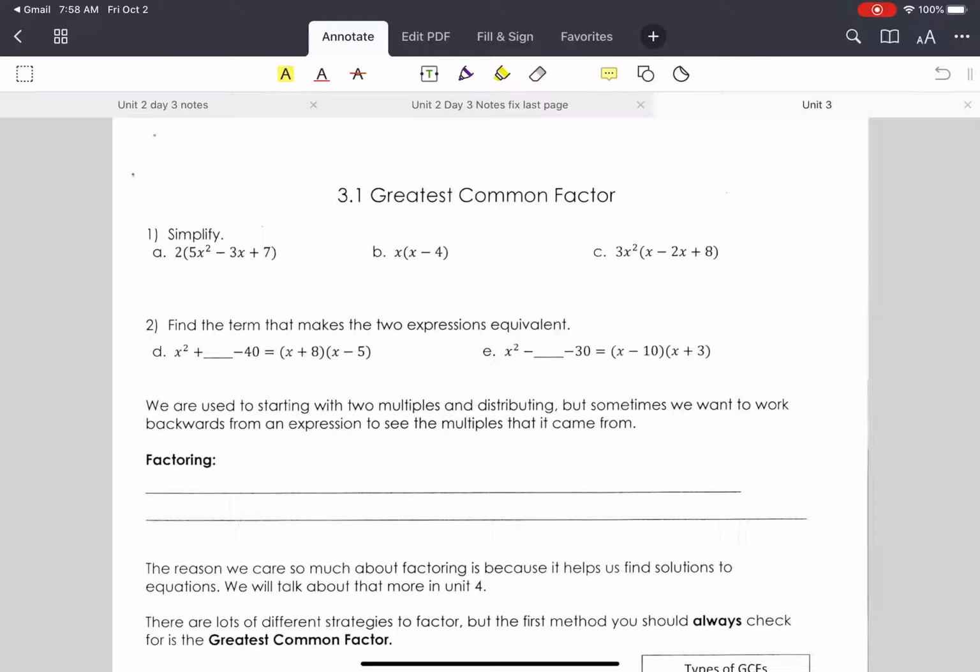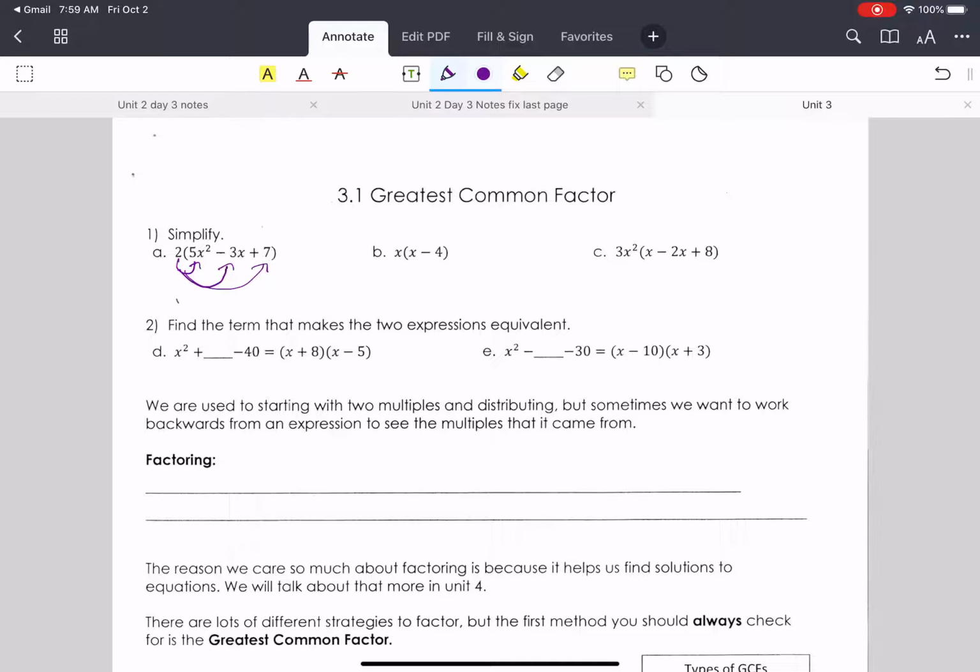All right, so first, we've done this a lot this year so far. Okay, how do I simplify something like 1a there? What do I do? Distribute, good. So I'm going to distribute in here. Okay.